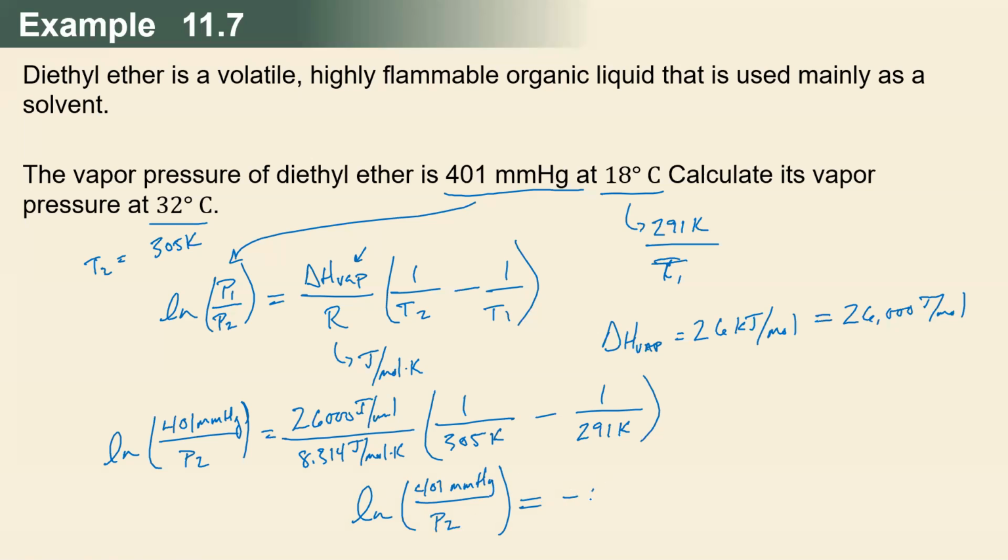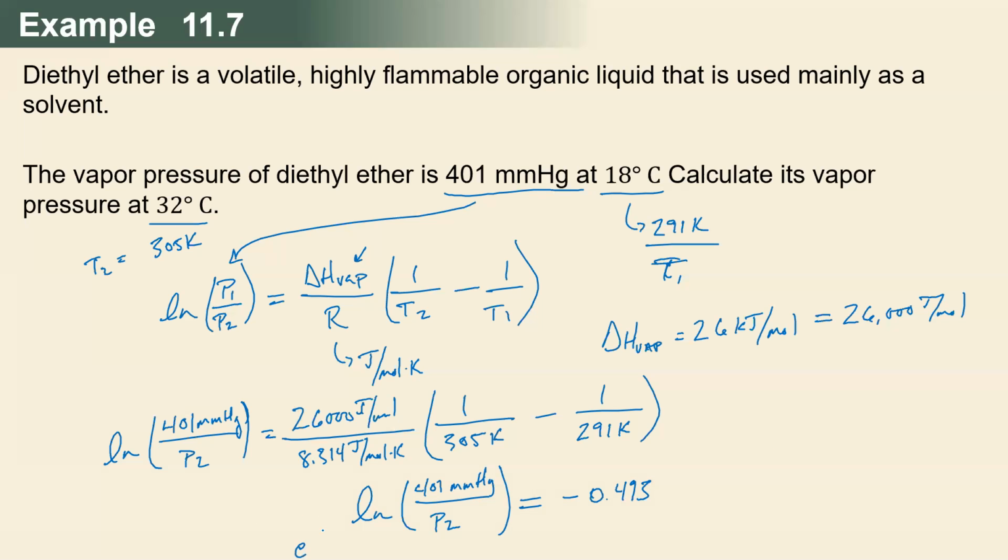I got negative 0.493. The right hand side is unitless. All of our units cancel. How do I get rid of natural log? Get rid of natural log by using e to the, right?